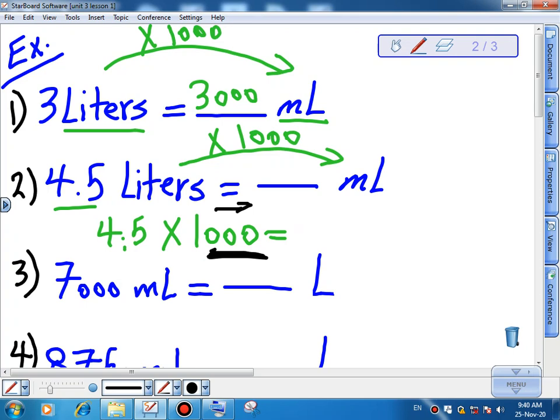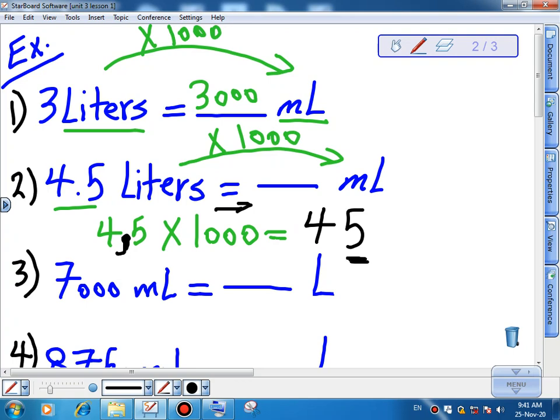If I have 1 zero, we move only 1 digit. If I have 2 zeros, we move 2 digits. I have 3 zeros here, so we move 3 digits. 4 will be 4, 5 will be 5. The decimal point was here before 5. We need to put the decimal point after 3 digits.